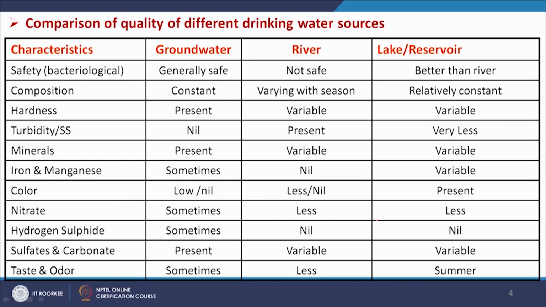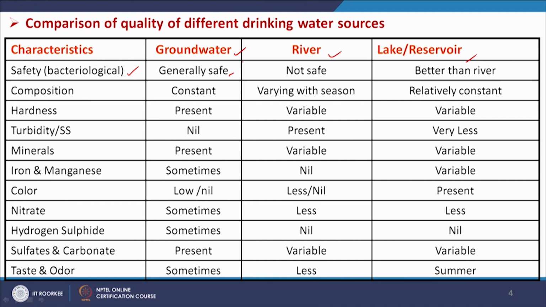Now, there are basically some sources: groundwater, then river, and lake or reservoir. If we consider the characteristics, the bacteriological count in groundwater is generally safe, and river water is not safe, with more chance of contamination.